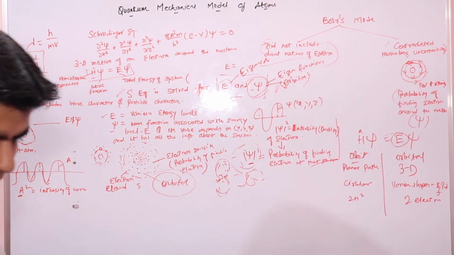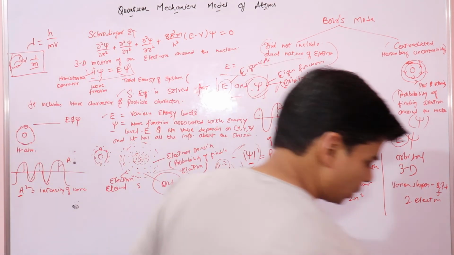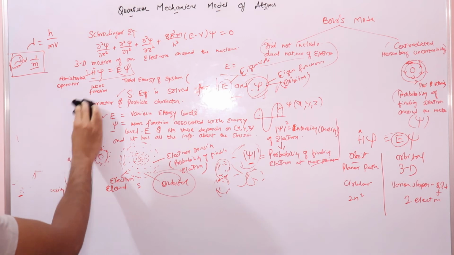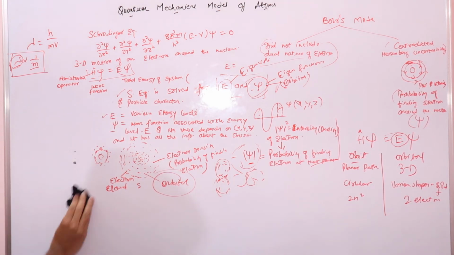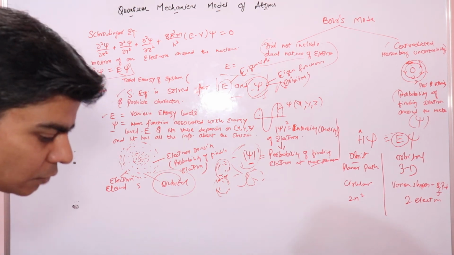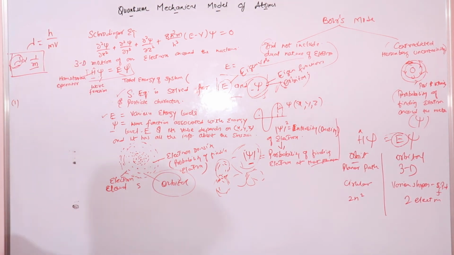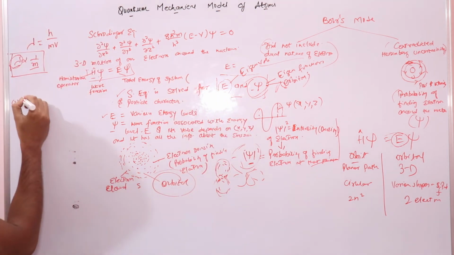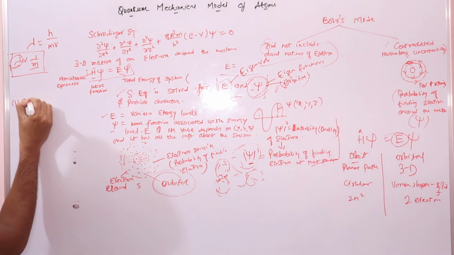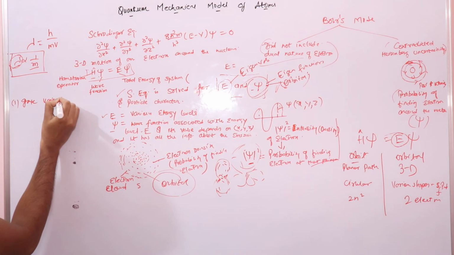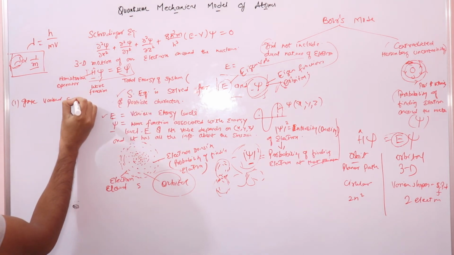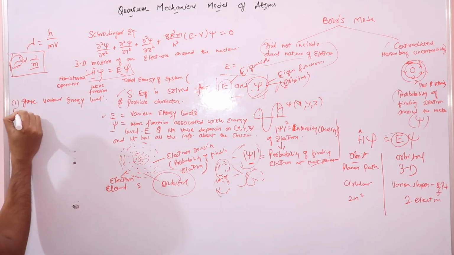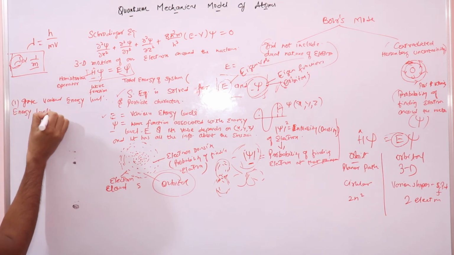So there are some features. Let's summarize what we have learnt, the features of the quantum mechanical model. The first feature: we solved the Schrödinger equation for E and psi. The value of E gave various energy levels, and these energy levels are quantized.